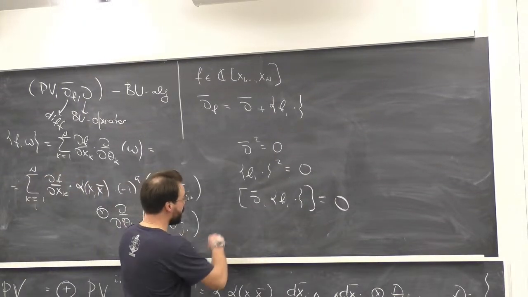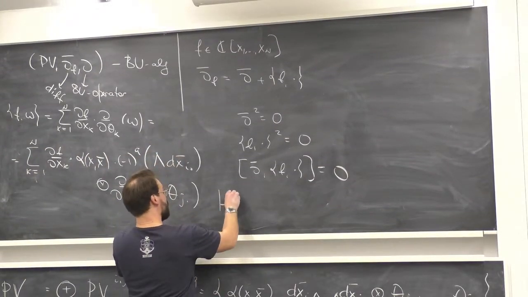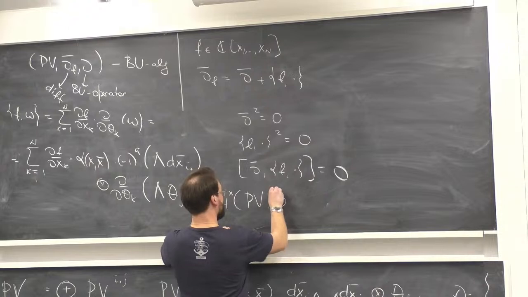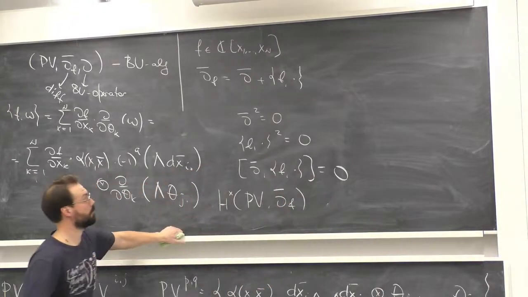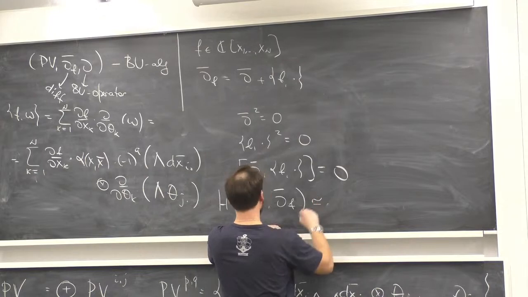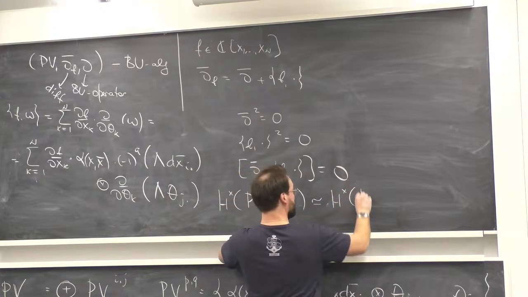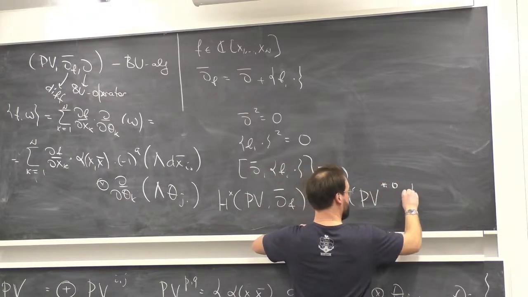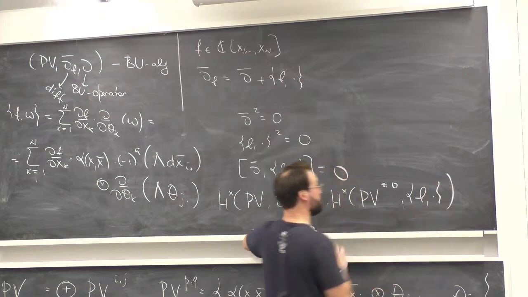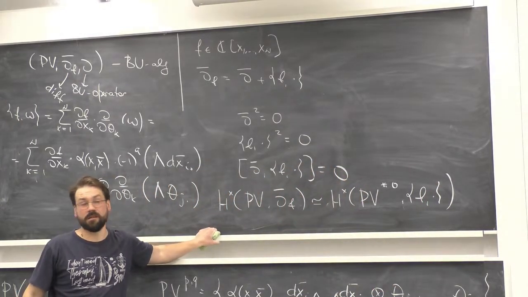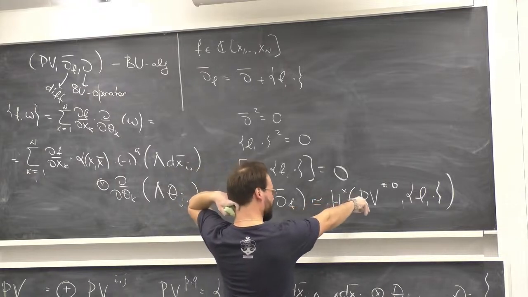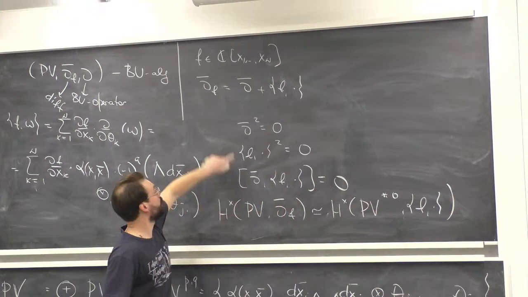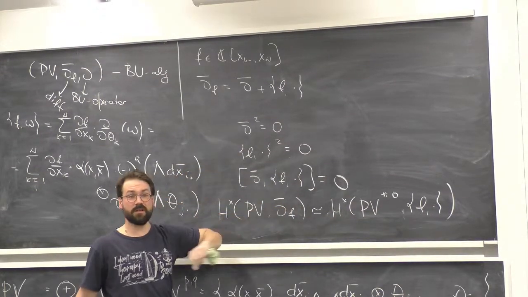So, and therefore, the homology of PV with respect to d bar f is first of all isomorphic to the cohomology of this. I mean, you mod out all the anti-holomorphic parts.